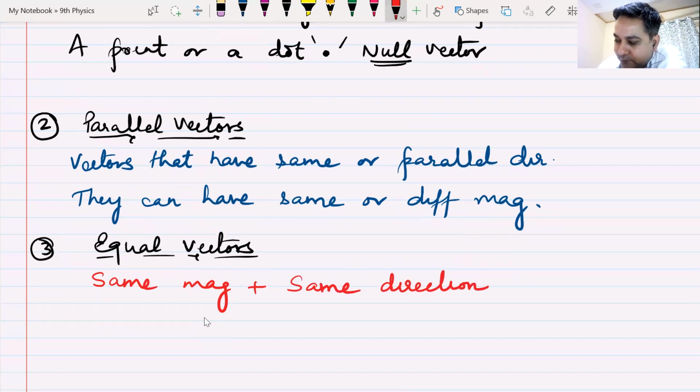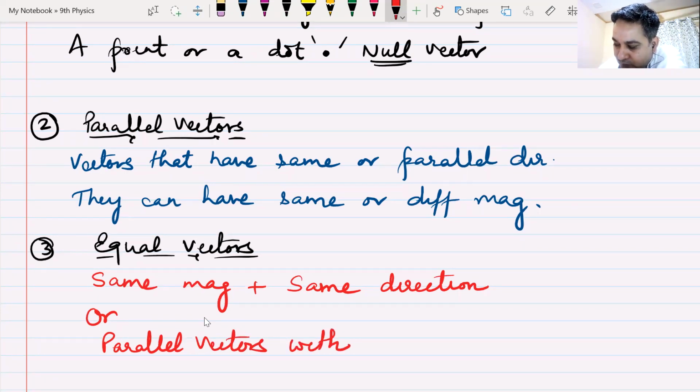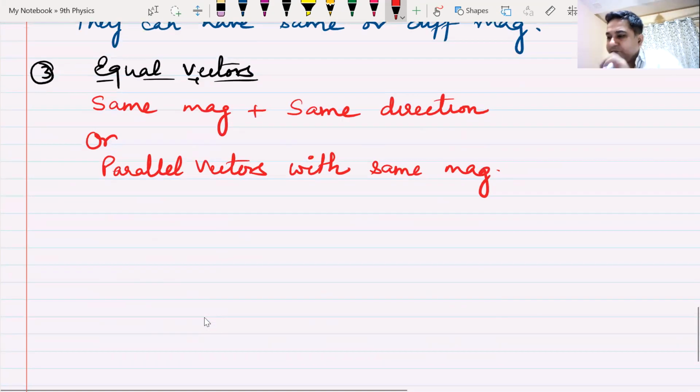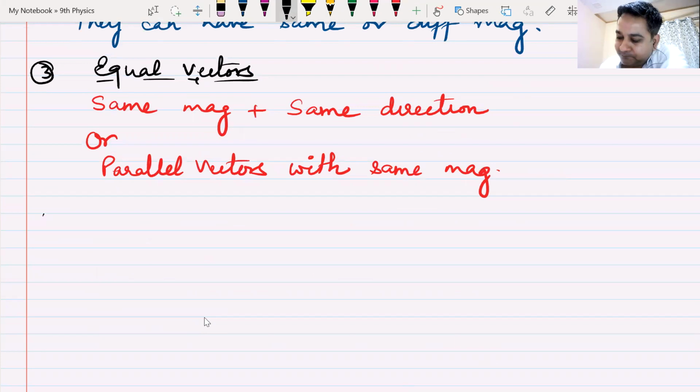Or you can say they are parallel vectors with same magnitude. Do we understand this? They are parallel vectors with same magnitude. Do we understand this? Yes, sir.